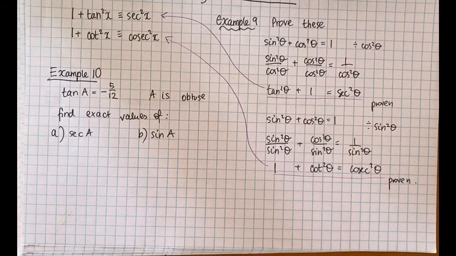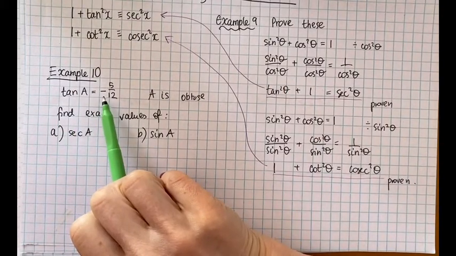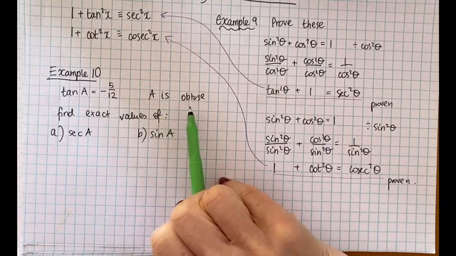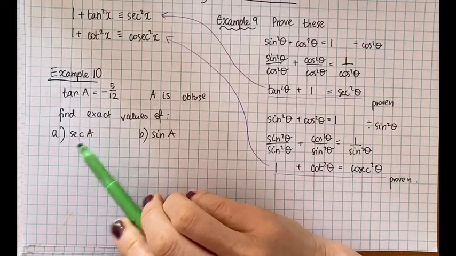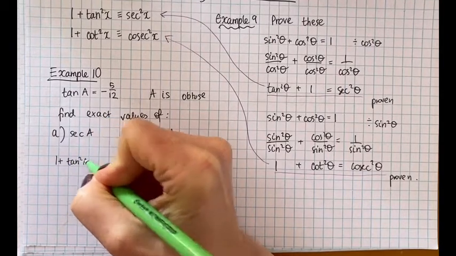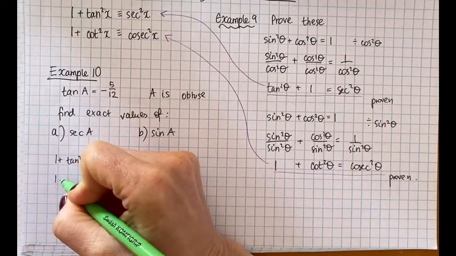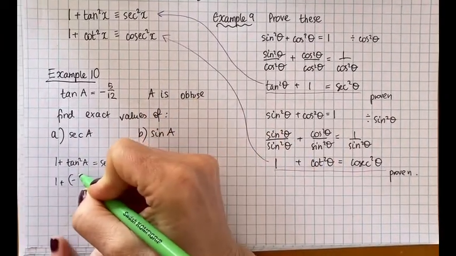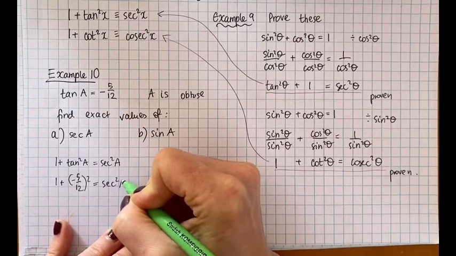Okay, so we're going to look at example 10. We are going to find sec A and sine A when tan A is equal to minus 5 over 12 and A is obtuse. So we're going to use our identity: 1 plus tan squared is equal to sec squared. Substitute minus 5/12 to get the value of sec squared.